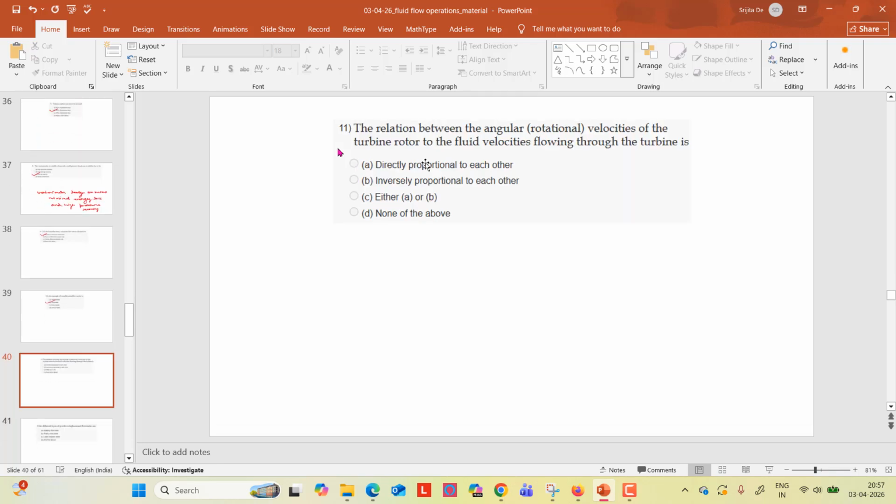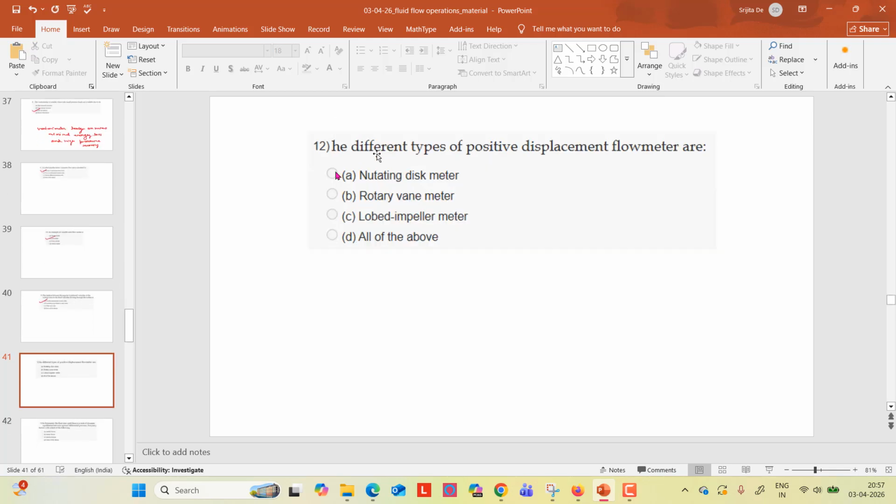Next, the relation between the angular or rotational velocities of the turbine rotor and the fluid velocities flowing through the turbine is directly proportional to each other. Okay. The different types of positive displacement flow meter are disk meter, rotary vane meter, lobed impeller meter. So this is all of the above.